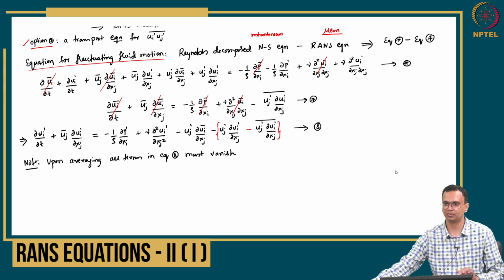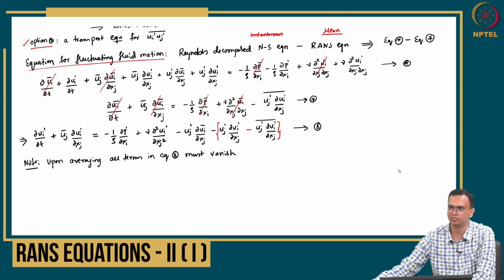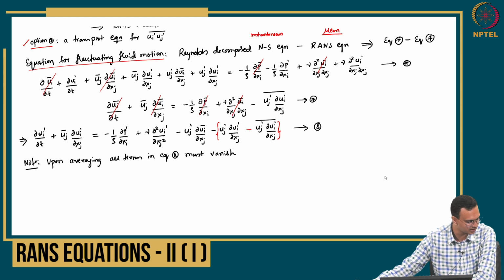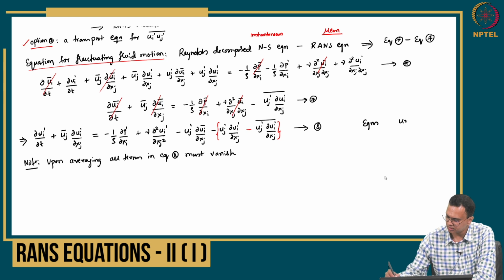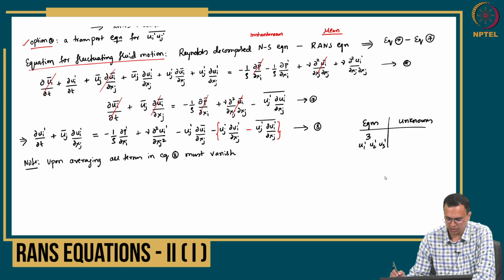So what? Does this solve the turbulence problem? We will see here again how many equations and how many unknowns there are. I have got 3 equations, for my u1 prime, u2 prime, u3 prime. I have the fluctuating continuity equation also, right?